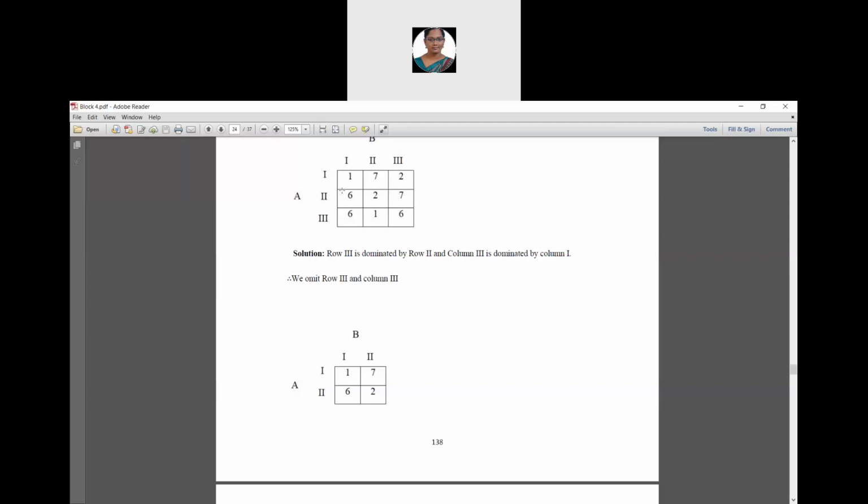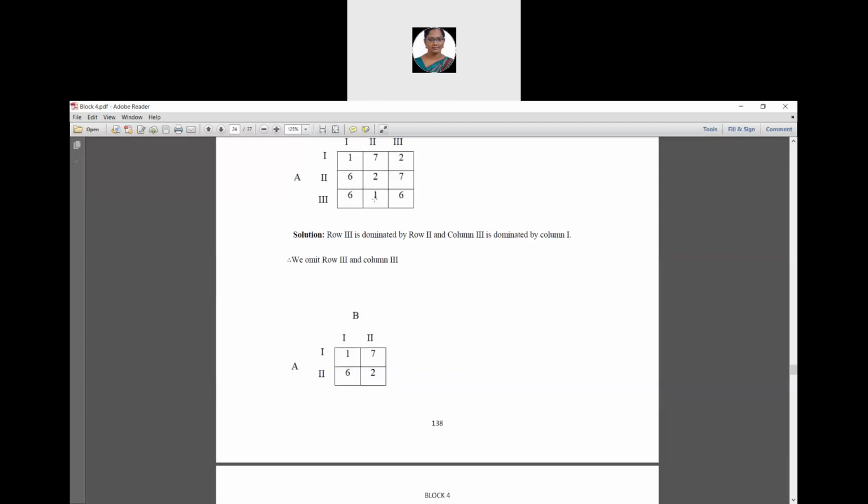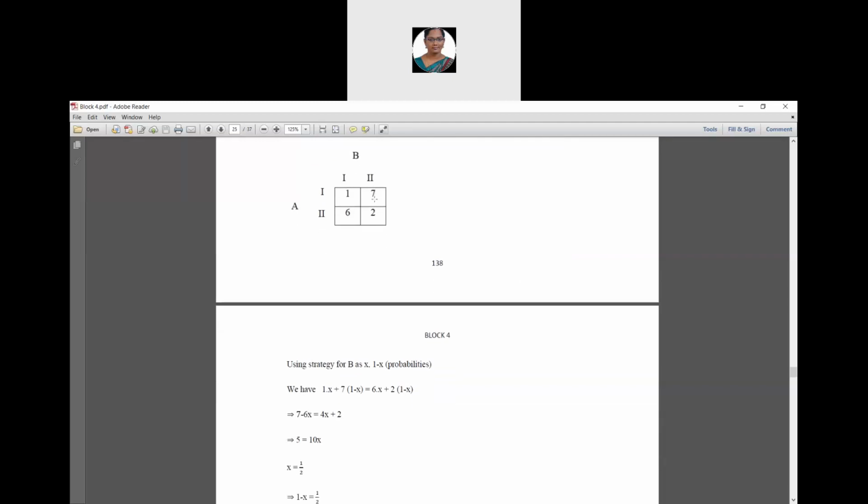Write the rest of the elements. It is 1, 7, 6, 2.